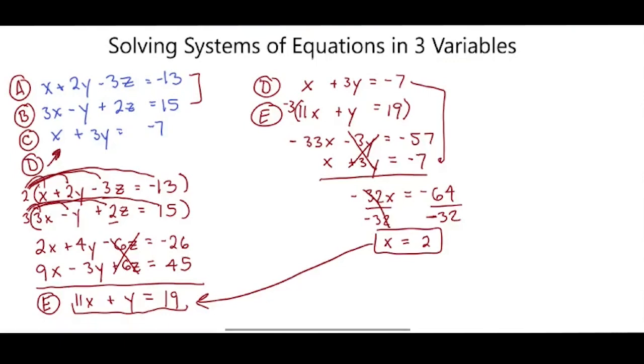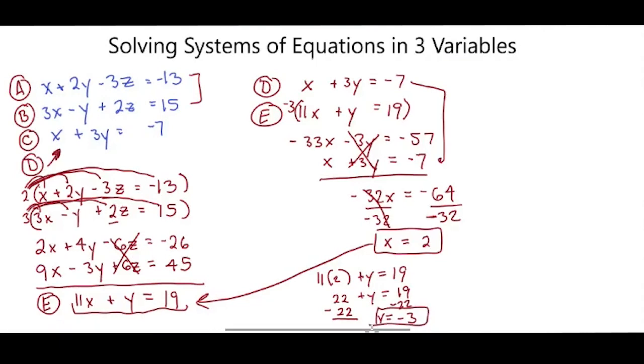So I have 11 times 2 plus y equals 19. Well, 11 times 2 is 22 plus y equals 19. I'm going to subtract 22 on both sides. So y equals negative 3.